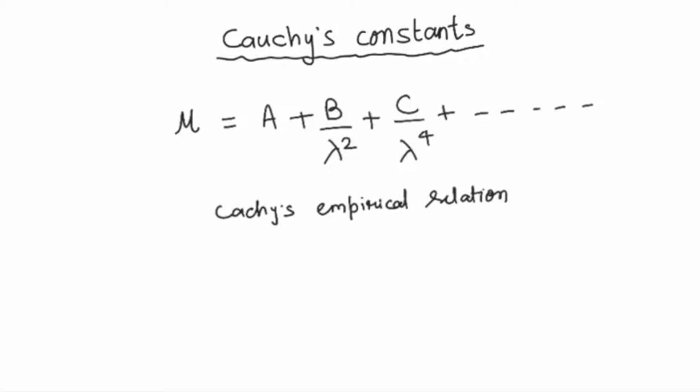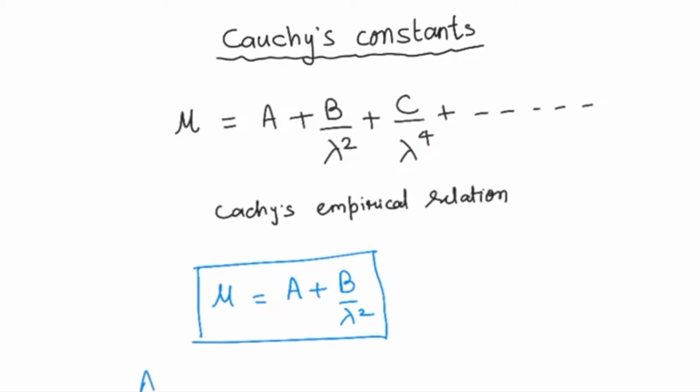But as we are going to determine these constants experimentally, we will be using visible light. So you can see that lambda to the power 4 is going to be a very small quantity, and we can take a fair assumption of this relation to be simply A plus B by lambda square, where these A and B are called Cauchy's constants.